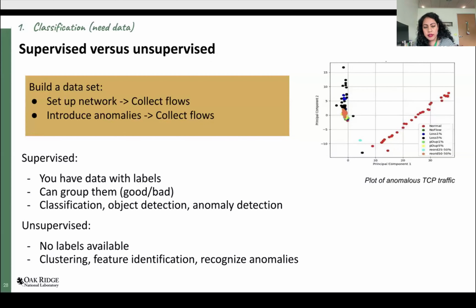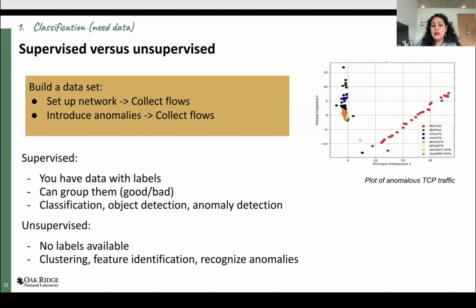And in an unsupervised setting, if I didn't have these labeled data sets, like you just did a collection of flows over time, and you don't know when certain anomalies happened, and you don't know if certain flows are happening during anomalous times, you could still create a graph like this. And you can identify that there are two distinct clusters coming out. What are the characteristics of these two clusters?